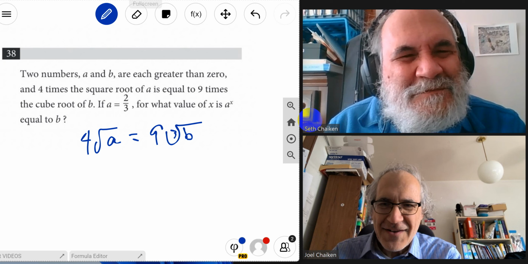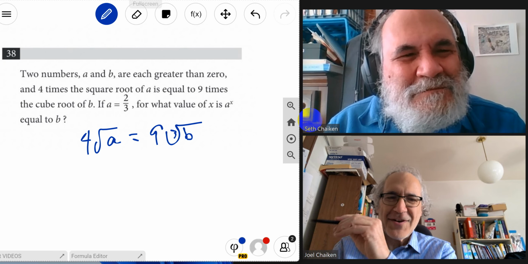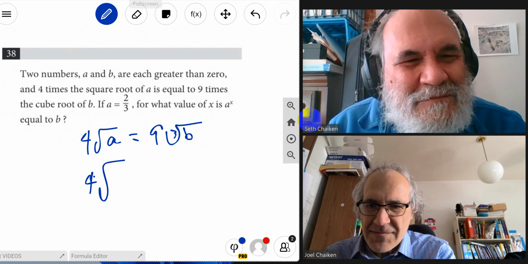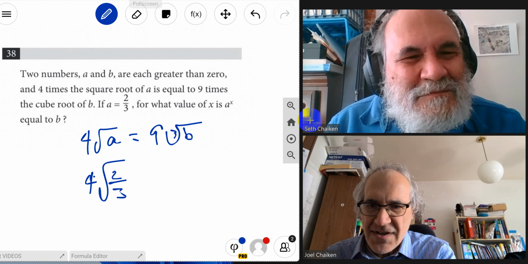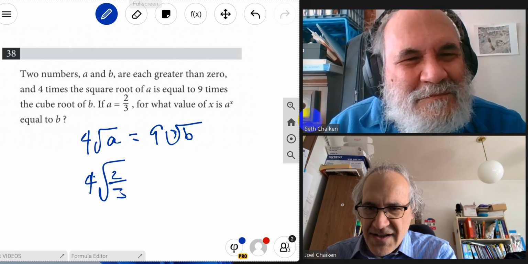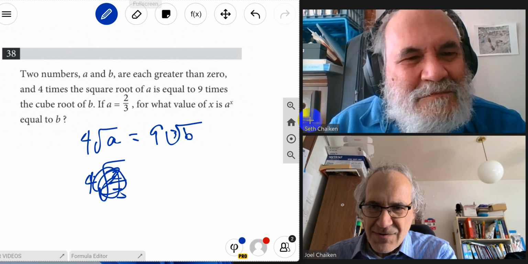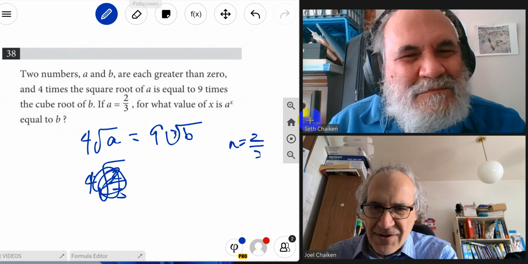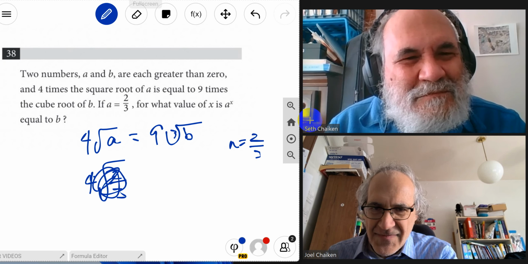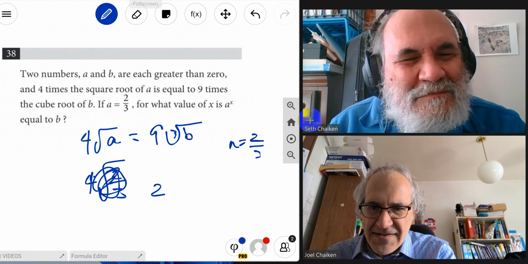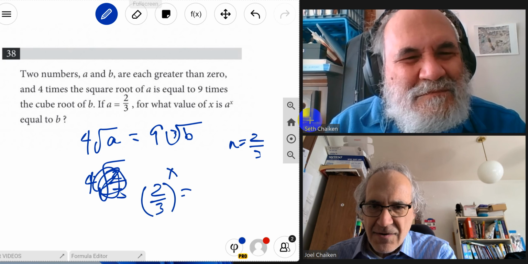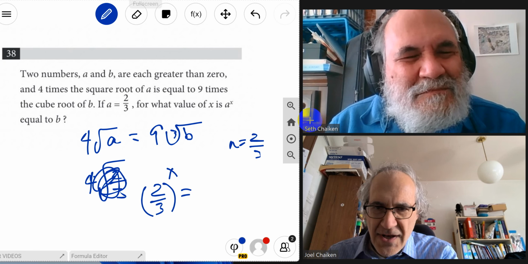Okay, now, if A is 2/3, so 4 times the square root of 2/3. A is 2/3. Fine. Now, for what value of X is 2/3 to the X equal to B?